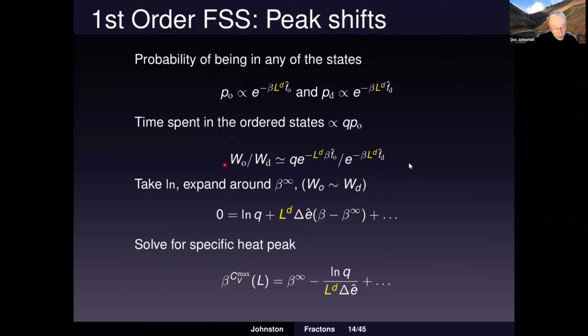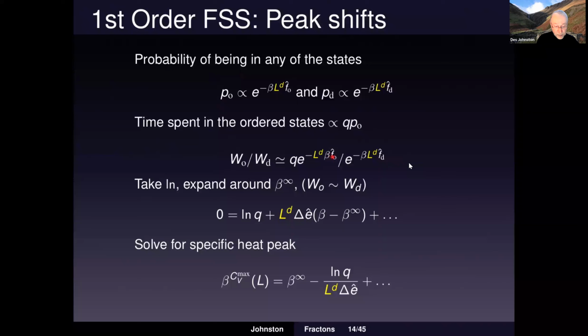So let's take a logarithm of both sides and expand it around the infinite volume transition temperature. If I'm sitting at my estimate of the transition temperature, the W0 will be equal to the WD. That's the idea. And I can Taylor expand the free energy. The constant terms will be the same if I'm at the phase transition point.